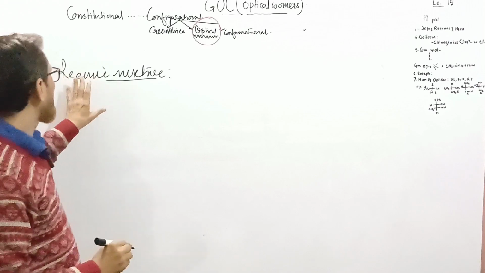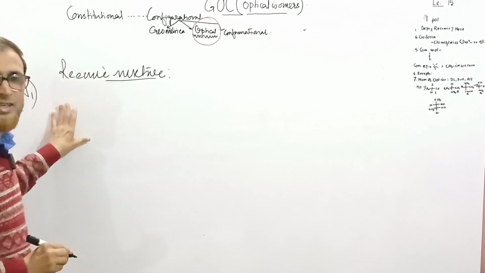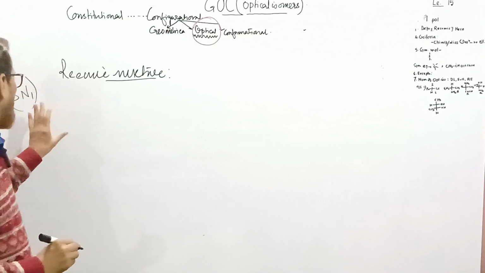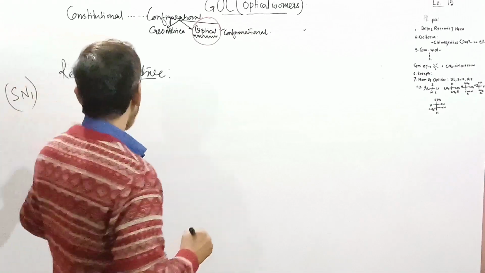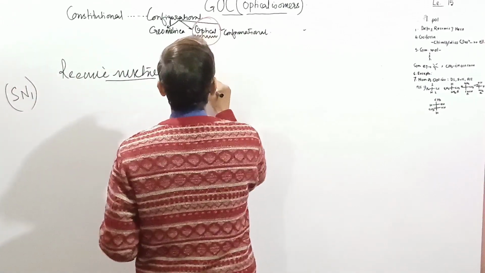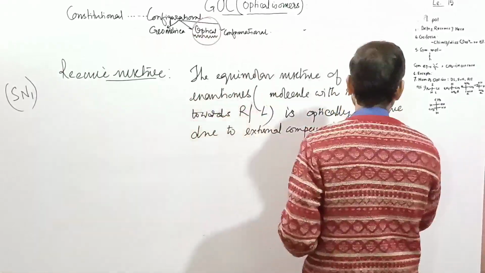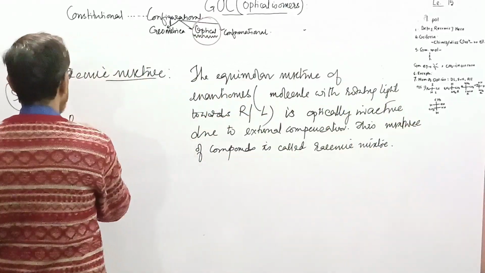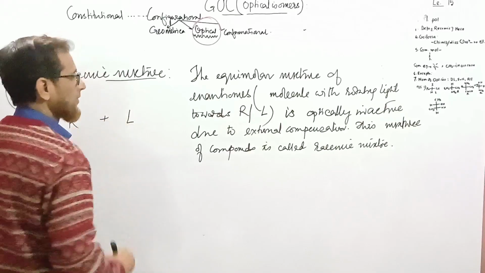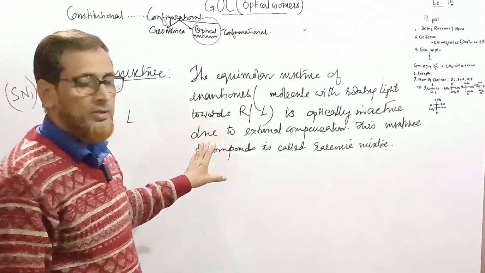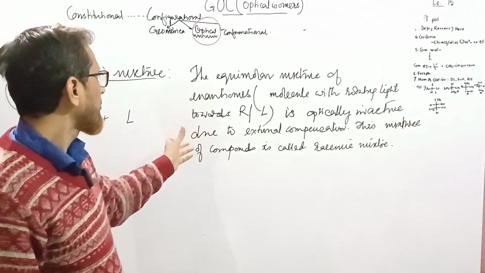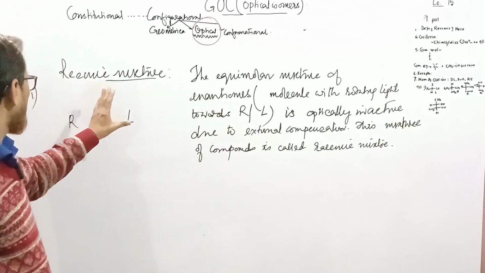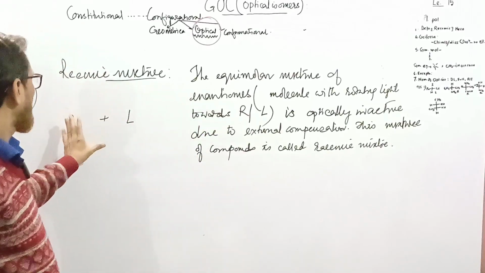So you will get the term racemic mixture. If you can now understand what a racemic mixture is, you can understand the topic. Again, in the next part, bit by bit, we will interact with the same thing, racemic mixture.